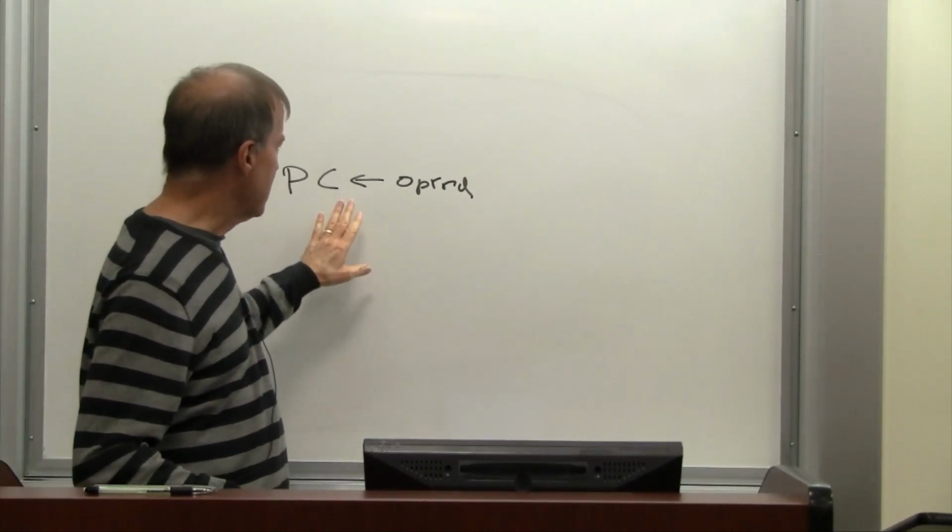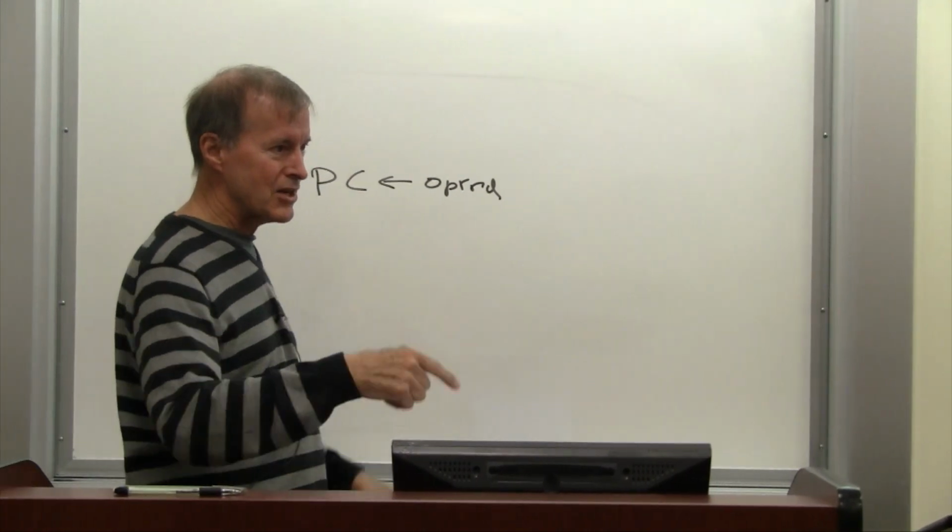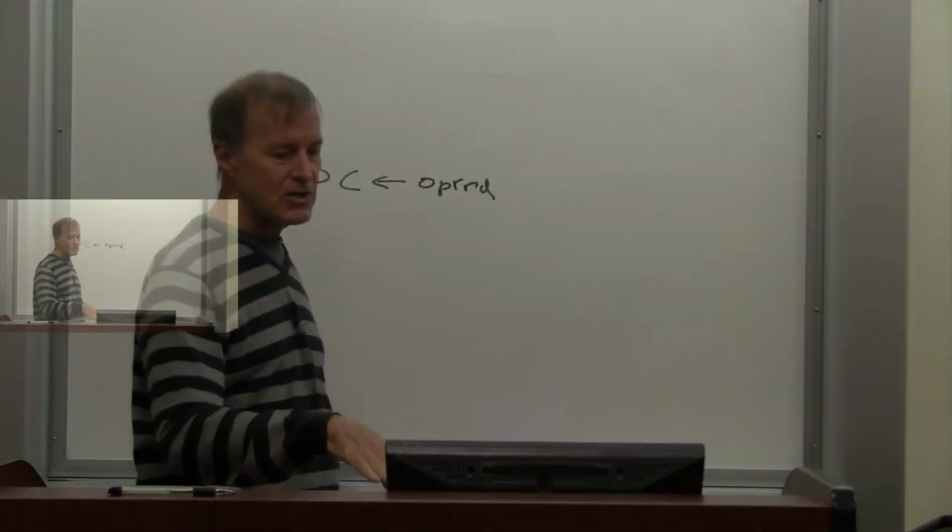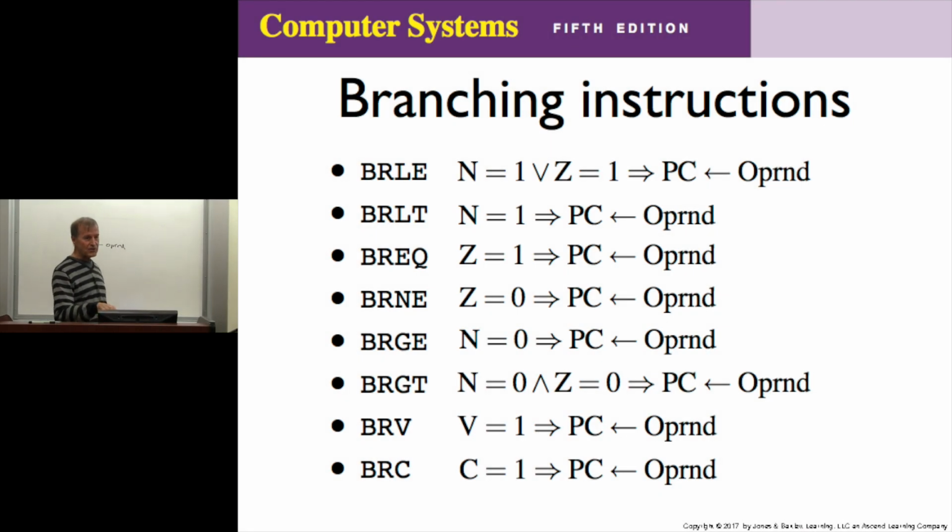So when you change the program counter, that changes the instruction that executes next. So in the hardware, the way the circuit is designed in the CPU, there's circuitry to check if the N bit is set or the Z bit is set, and then it does the operand: program counter gets the operand.